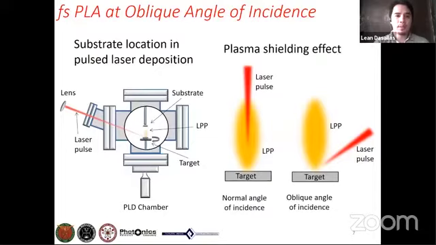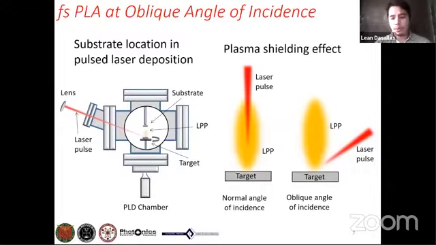For example, in a pulse laser deposition experiment, the substrate is located at the opposite part of the target, so you can't put the laser path there. Another issue is what we call the plasma shielding effect. The laser is less effective when it passes through the laser-produced plasma, and it will be more effective if it passes through the side.